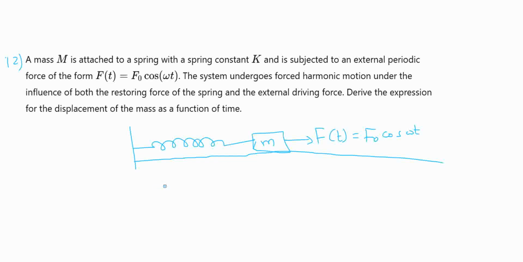Let me write Newton's second law. That is m d square x of t by dt square equal to, there is a force in this direction and in another direction, f naught cos omega t in this direction, and spring force in the opposite direction.